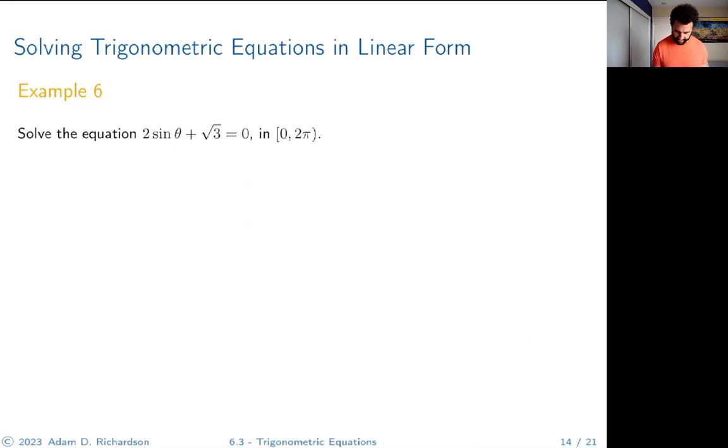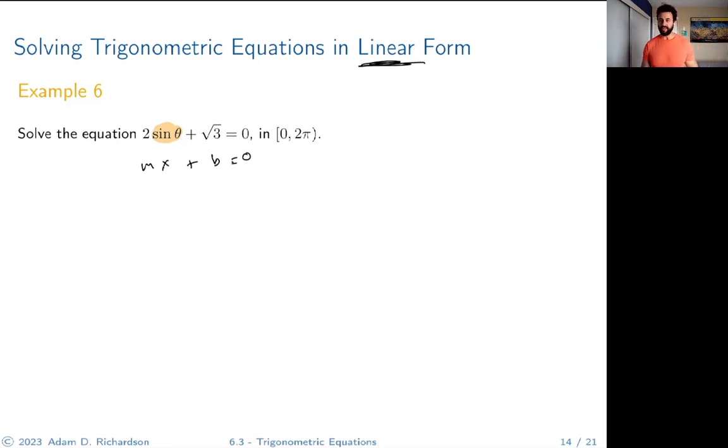If you consider sine of theta a variable just as itself, then what you have is an equation that's essentially the form of a line. It's essentially mx plus b equals 0. So that's why they call it linear form.